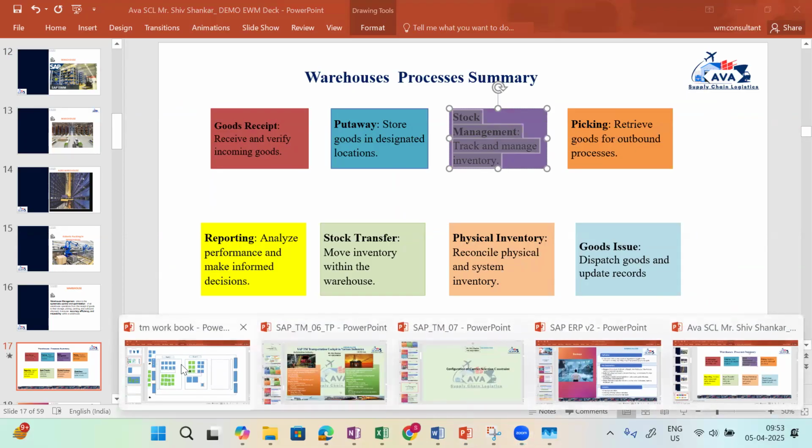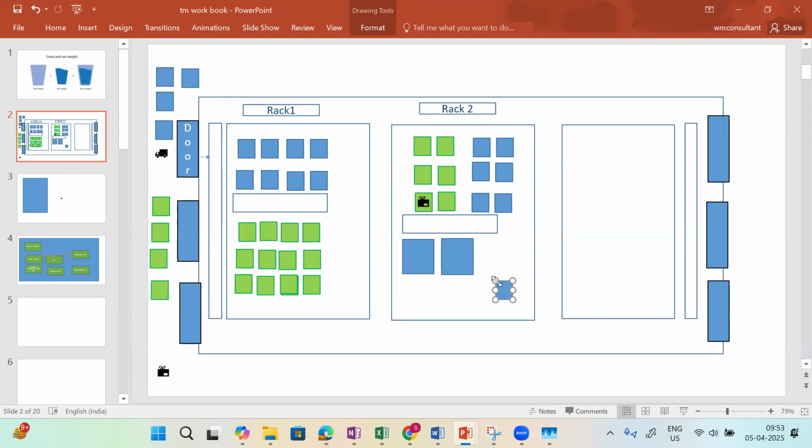Now, as we have seen, put away has been done. Now, at any point of time, I can look into the warehouse and see exactly where this particular barrel is. I need to see what the stock is now.